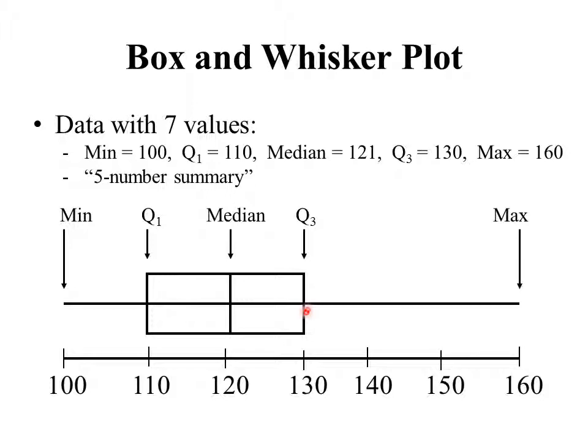So we see that our data is a little more spread out towards this end. It's a little bit more compacted here in the middle, and then maybe a little bit more spread out over here than it is over here. And so that's what we call a box and whisker plot.